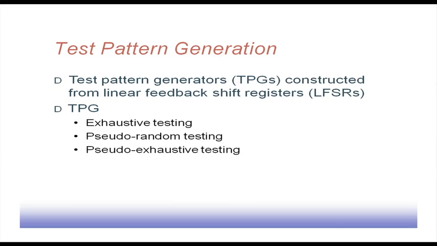As a result, the final response or the golden signature may not match with the response that we get from the circuit under operation, and even if the circuit is correct, it will be identified as a faulty circuit. That is why all these X's need to be blocked, and this clock skew problem has to be solved. Next, we look into the test pattern generation process.